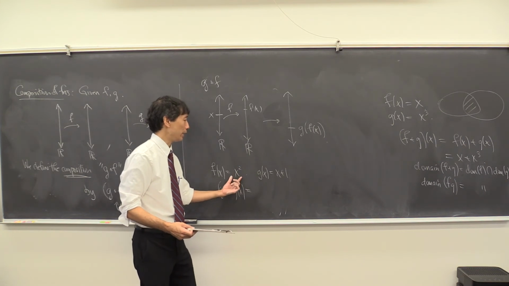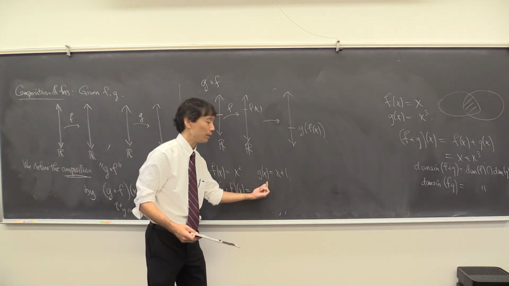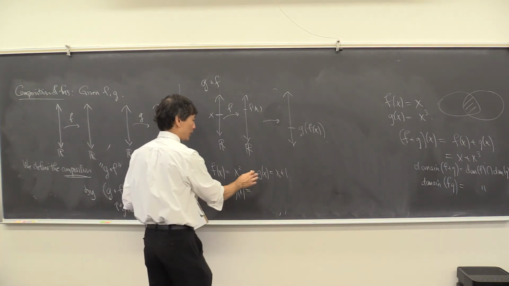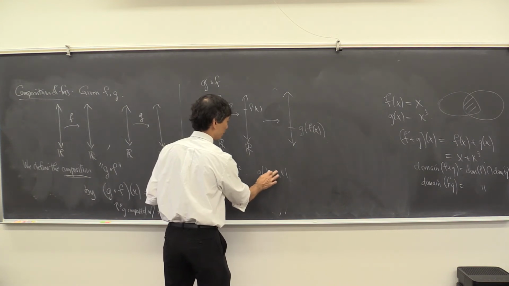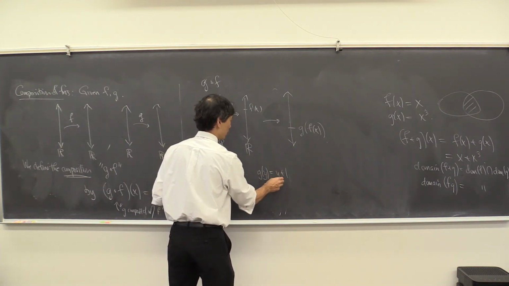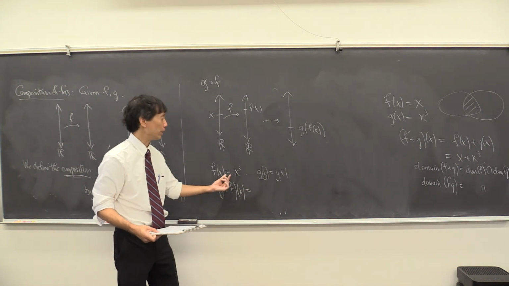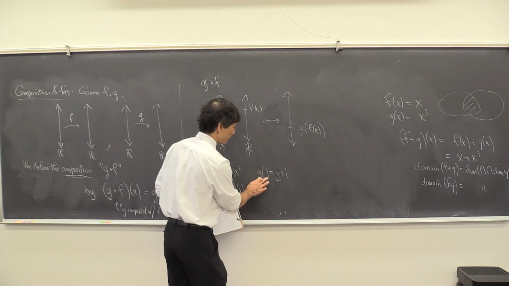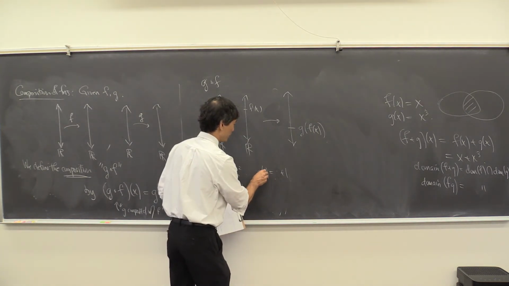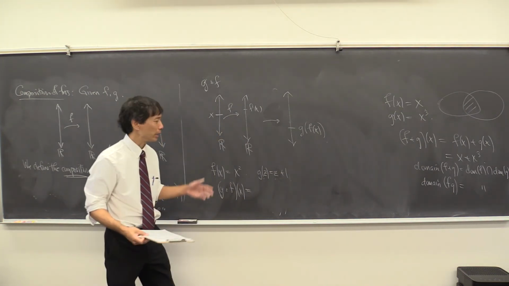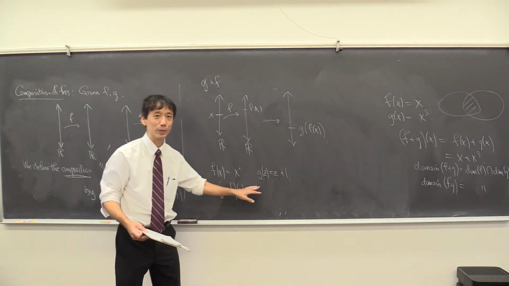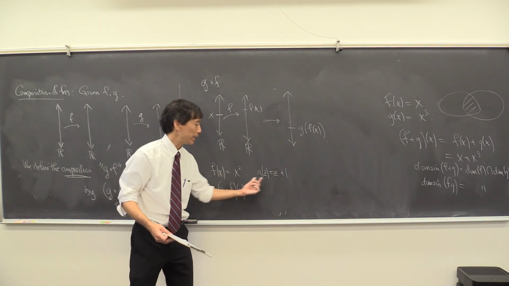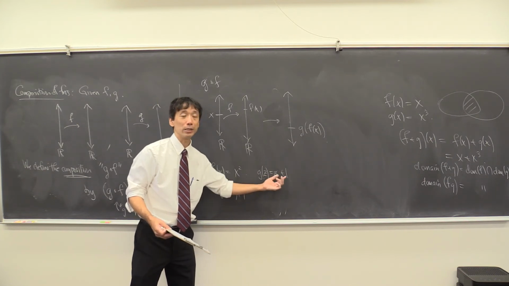It actually probably makes sense to use a different variable for g. I'm going to use z as my dummy variable. So you take this output, you feed that in as g's input, and you get something out.